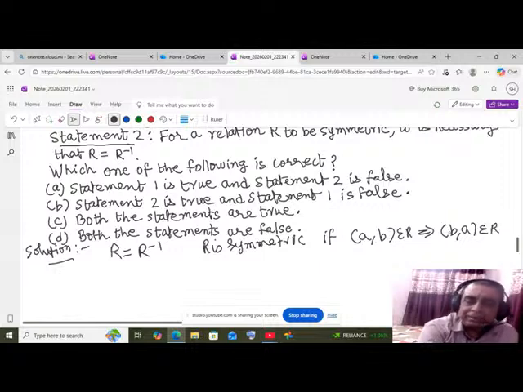BA has to be an element of R. So that is how we call the relation R symmetric.